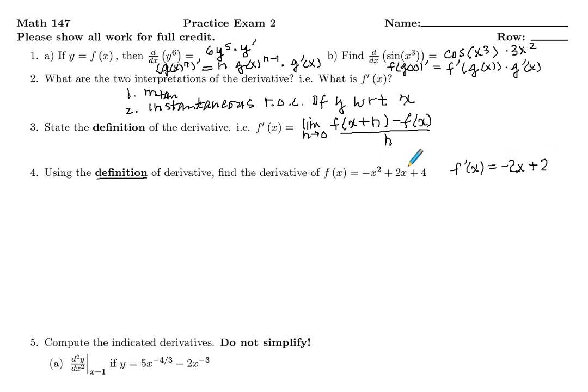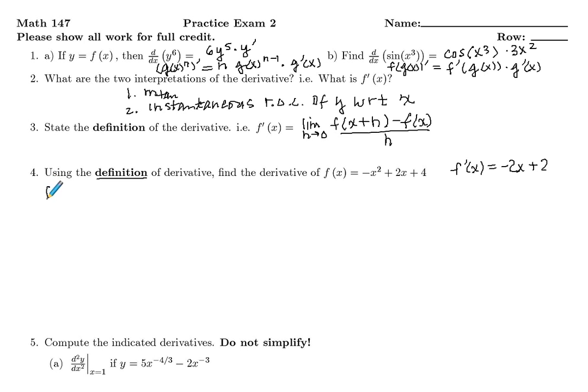Negative 2 comes down, decrease your exponent, derivative of 2x is 2, derivative of 4 is 0. So this is the answer we should get when we're done, but you need to use the definition or you're going to lose most of your credit, because the point of this problem is to test the definition.